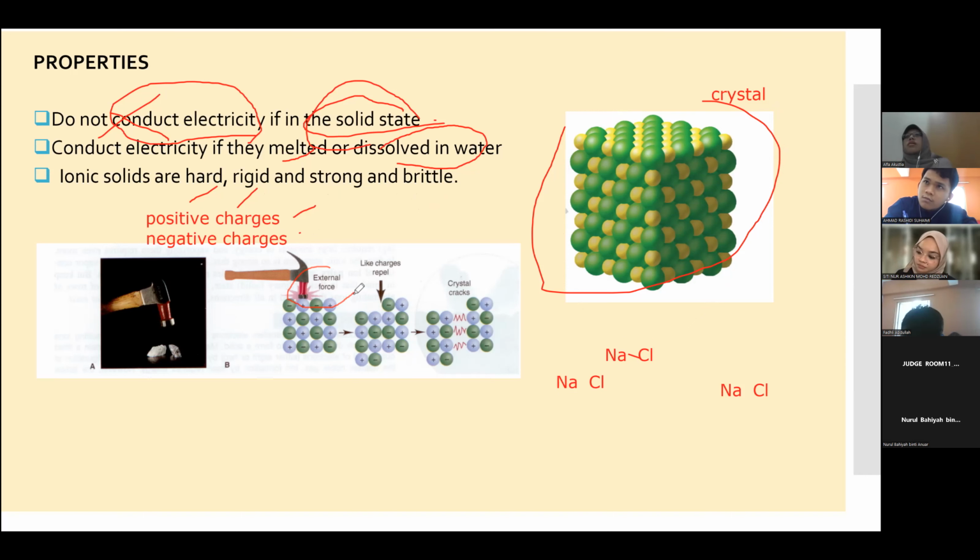Because when there is an external force, there is a like-charge repulsion. So we disturb the charges over there, there is like-charge repulsion, and then the crystal is cracked. This is the meaning of brittle.